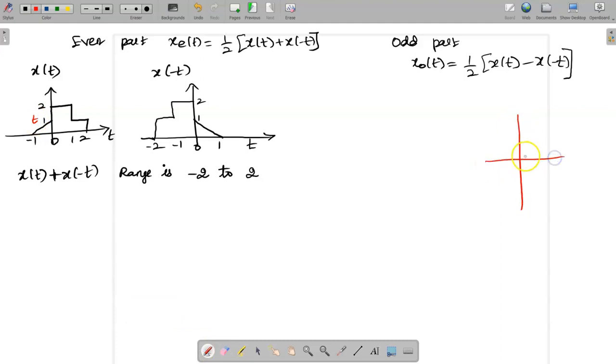Whenever we have an increasing slope like this, 0 to 1 means for one duration, one amplitude it is increasing, so it is plus t. Suppose if it is decreasing like this, it is minus t. But again we have to see from where it is decreasing. It is decreasing from 1, so it is 1 minus t.